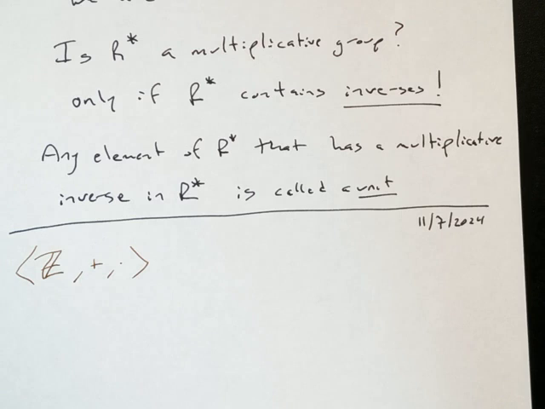What's the multiplicative identity in that ring? One.